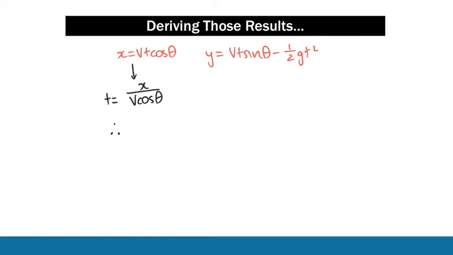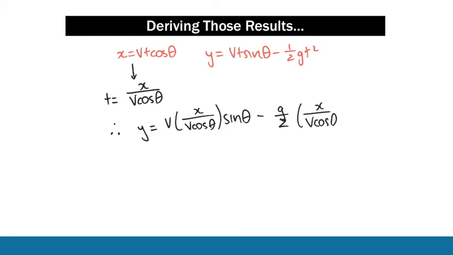So what that means is that we'll have v times x on v cos theta times sine theta. That's our first term. And then at the back, we'll have g on 2 times x on v cos theta all squared.